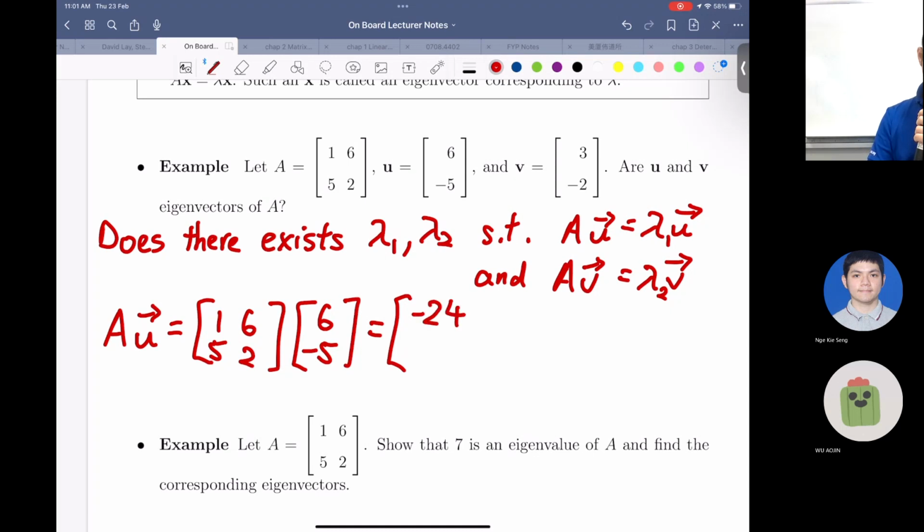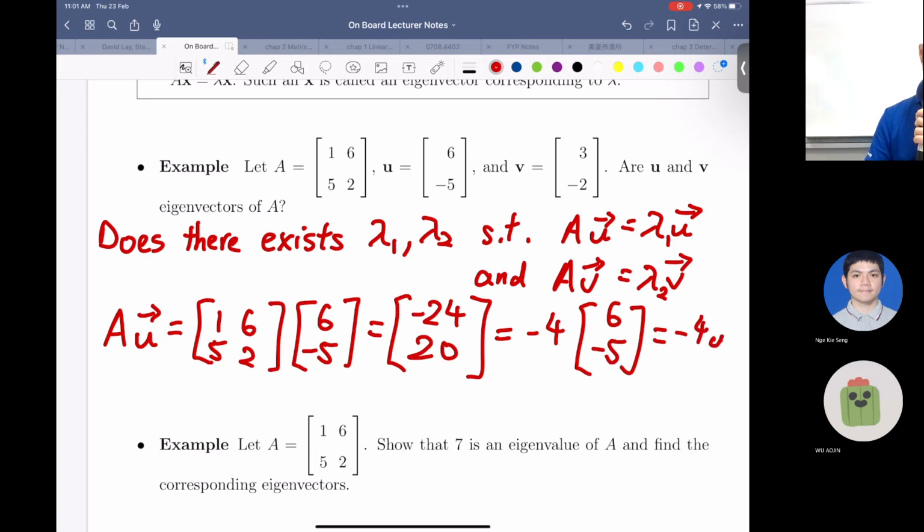And then 30 minus 10, you get 20. Is this a multiple of U? Yes. So what's the multiple? It's negative 4 times.